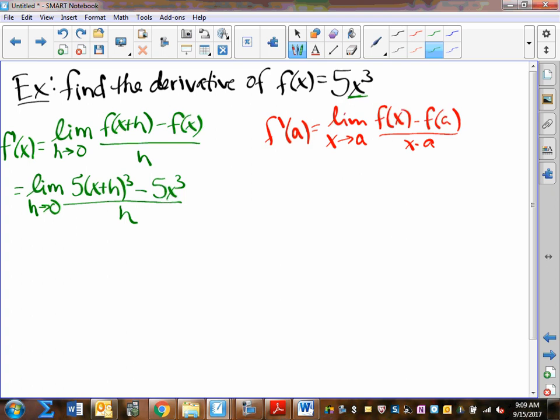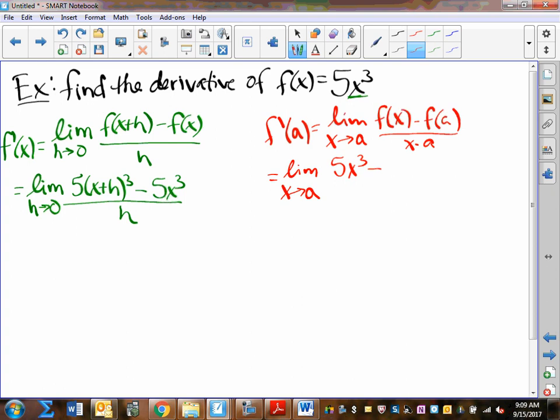Let's compare and see what it looks like when we use my x approaching a definition. We can definitely do this. It's just going to be a bit more work, but it's still definitely doable. So let's take a look at it for f prime of x with our x approaching a. This would be the limit as x approaches a of f of x, which is just 5x cubed, minus f of a.